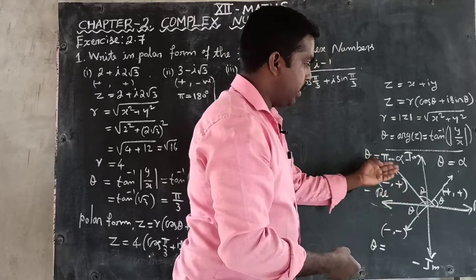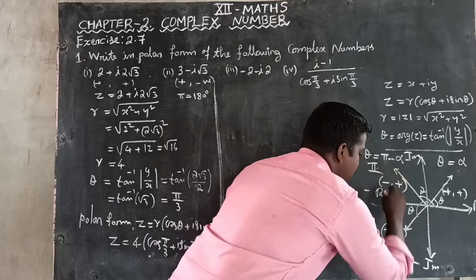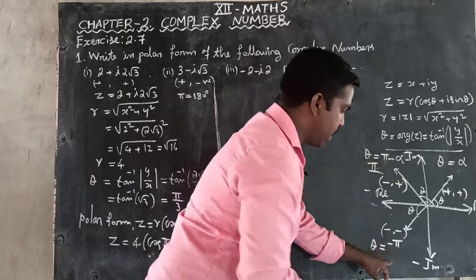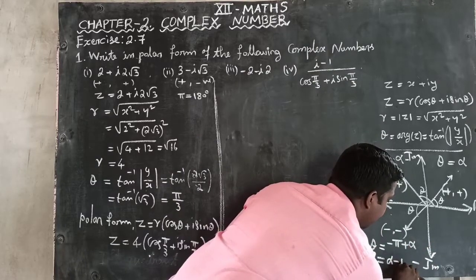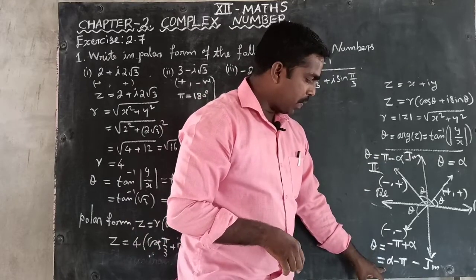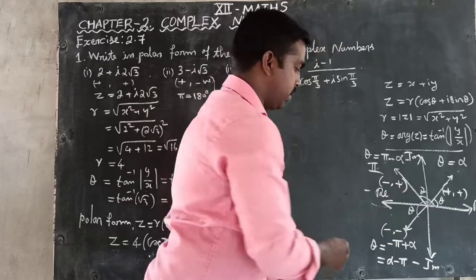In this reflection, instead of plus pi we have minus pi, and minus alpha becomes plus alpha. So alpha minus pi. So this is the formula to find the angle theta in the third quadrant.